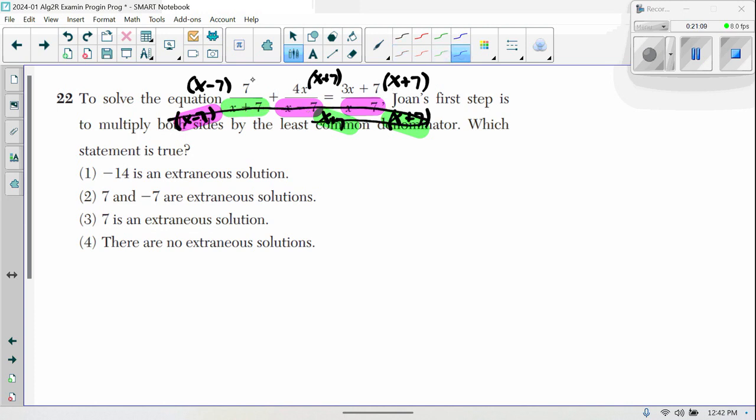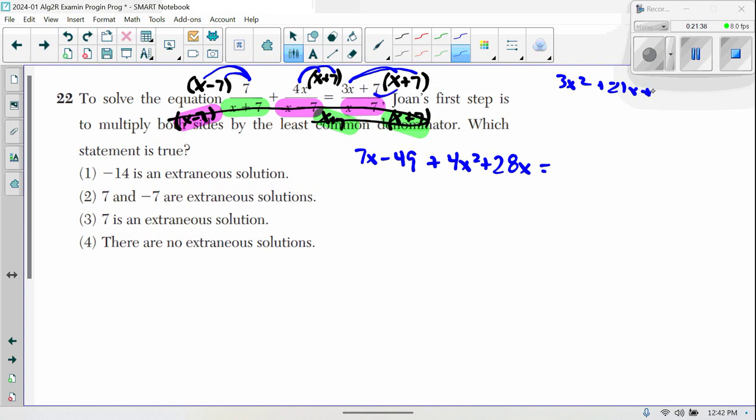So, distribute: 7x minus 49. Plus, I distribute the 4x. It's 4x squared plus 28x equals, oh my god, I gotta FOIL this. 3x squared plus 21x plus 7x plus 49.